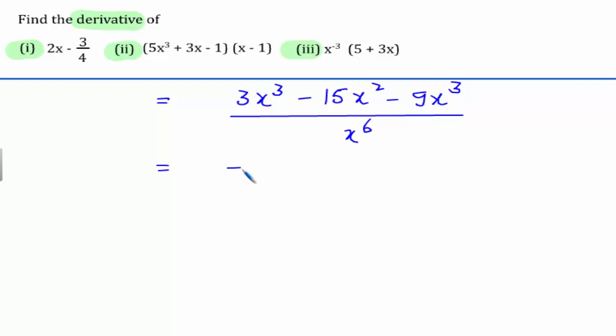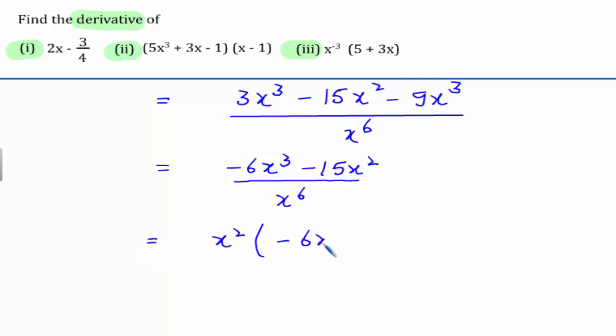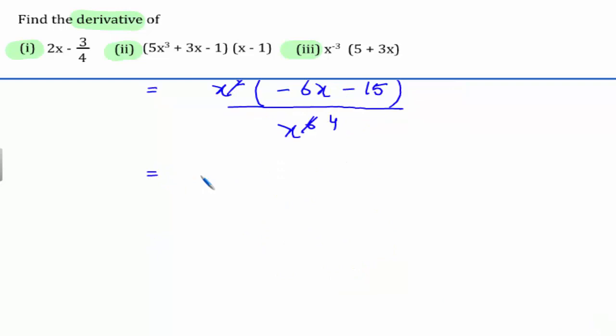Now taking x^2 common from the numerator, we are left with minus 6x minus 15 divided by x raised to the power 6, which implies minus of (6x + 15) divided by x raised to the power 4. Now we can also take 3 common from the bracket.